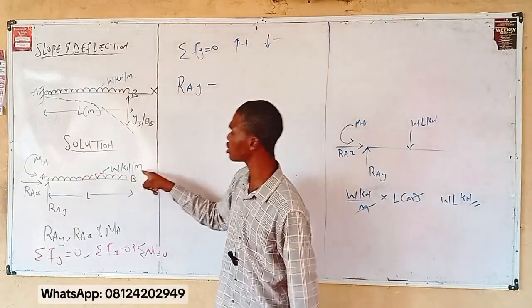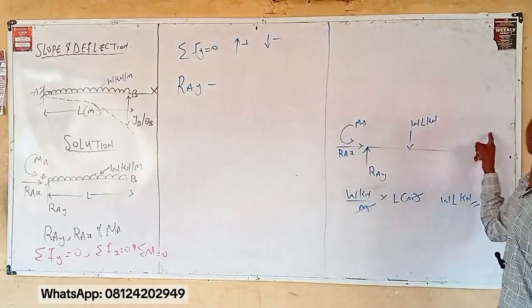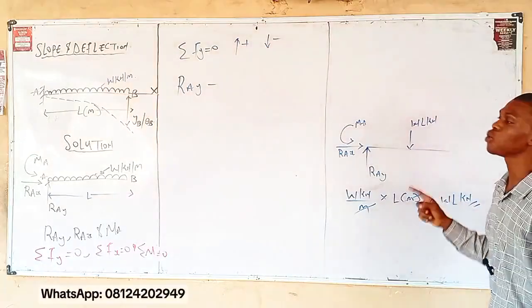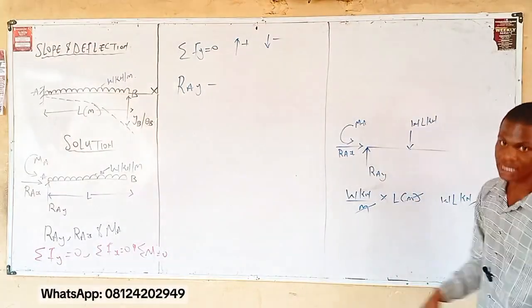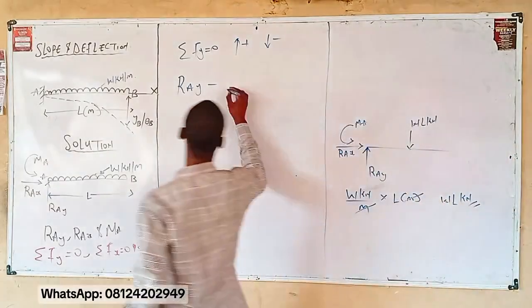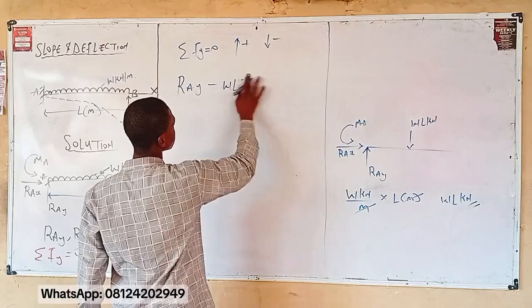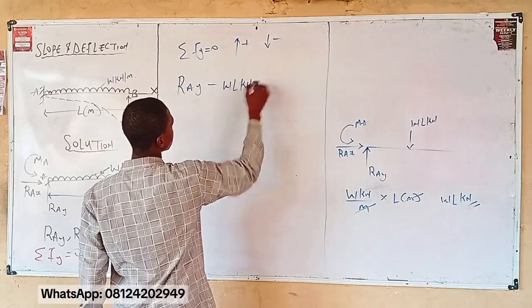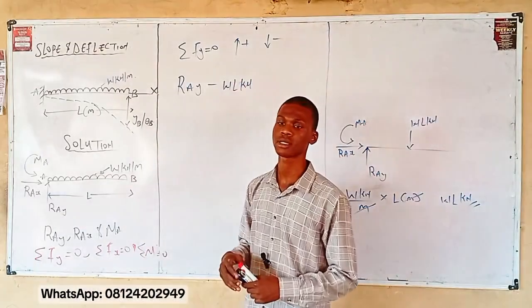So considering this equation, the first one we've considered is RAY. Now considering this UDL, it will be WL kilonewton, right? So will it take positive or negative? Negative. Why? Because it is acting downward. So you have negative WL kilonewton. Now my question is, are we done considering all the vertical forces?